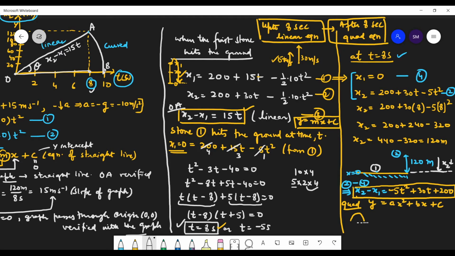Yes, because x1 has become 0 and x2 will decrease, so this line will decrease, so this part of the parabola will be taken. Means when the slope will be negative, we'll be taking this part of that. So a is equals to minus 5. So this tells you that this graph is a downward parabola.